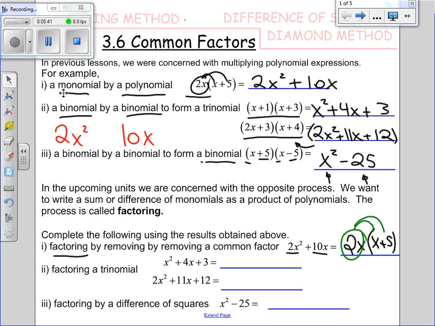And what's x divided by x? 1. x divided by x, they both go away, so it's just 1 left, which gave us just plus 5. We got just our x because 2 divided by 2 is 1, and x squared divided by x is x.